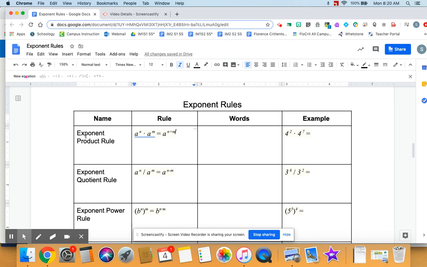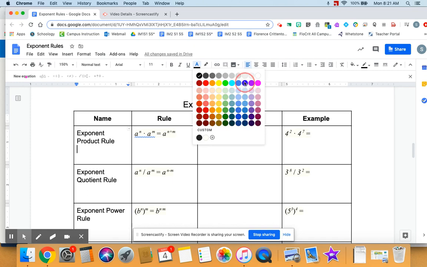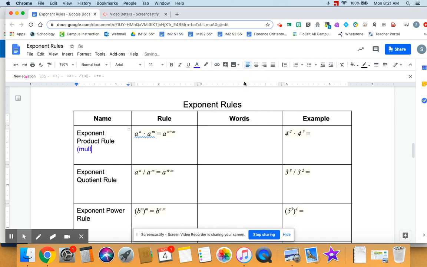So the first one's called the exponent product rule. And product is just the big word for multiply. So some people like to write the word multiply underneath the word product. If you have some number with an exponent, or some letter with an exponent, being times the exact same number or letter with a different exponent, you can combine them.